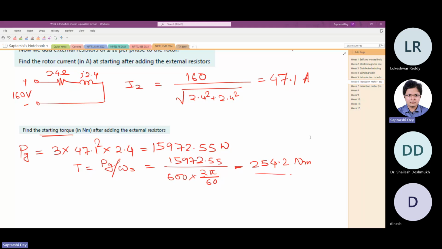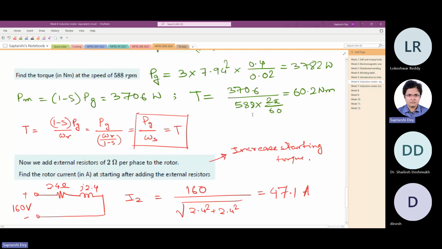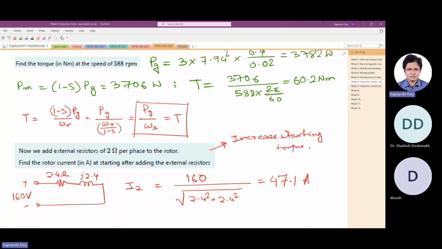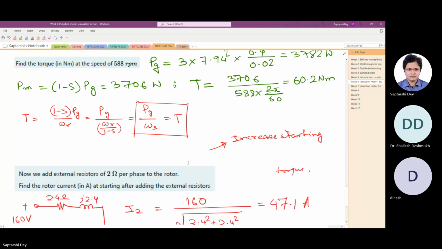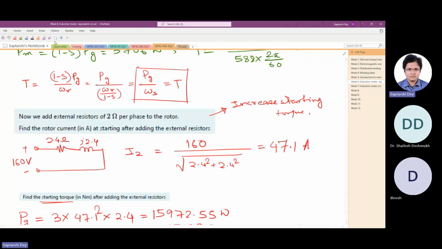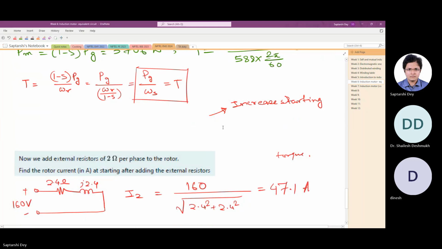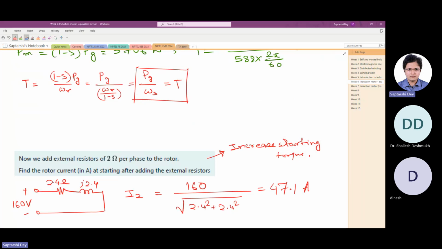Say, for example, if we find out the power factor at 588 RPM, rotor power factor only, because other data we don't have at our disposal.